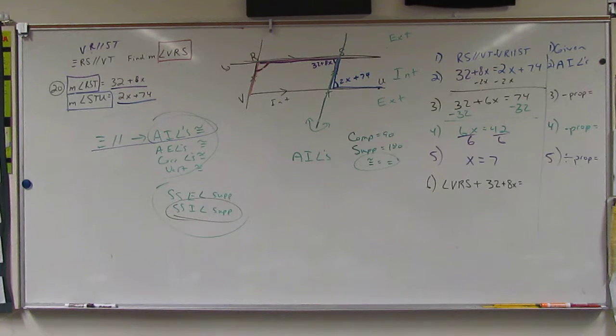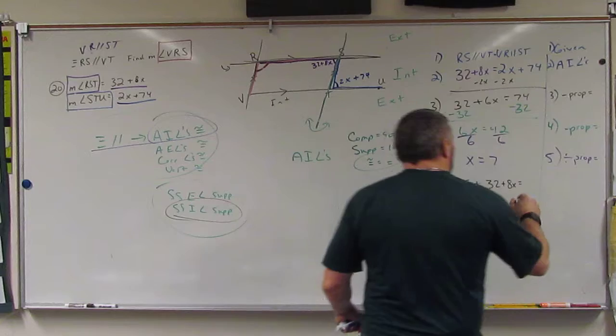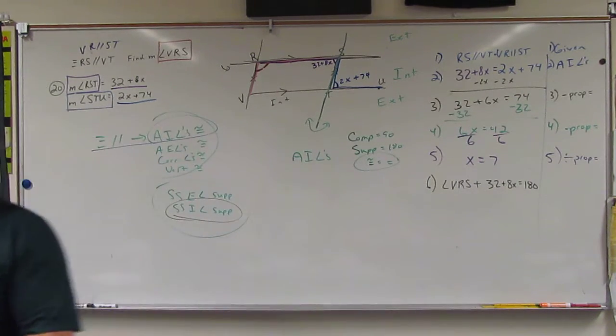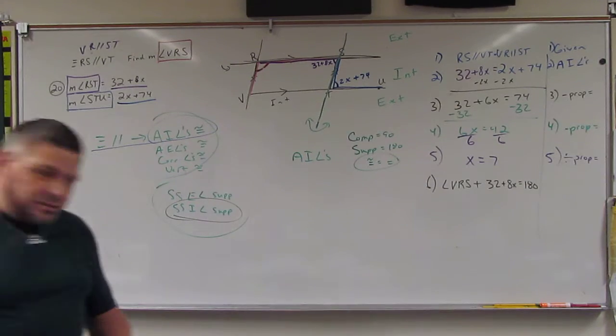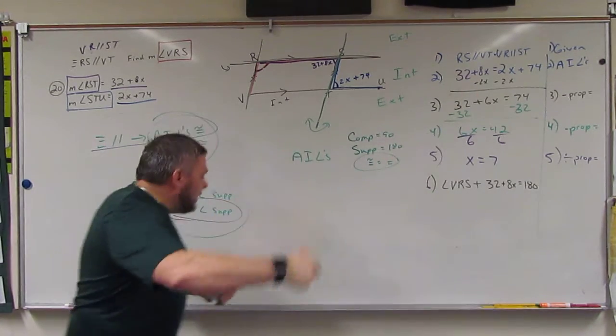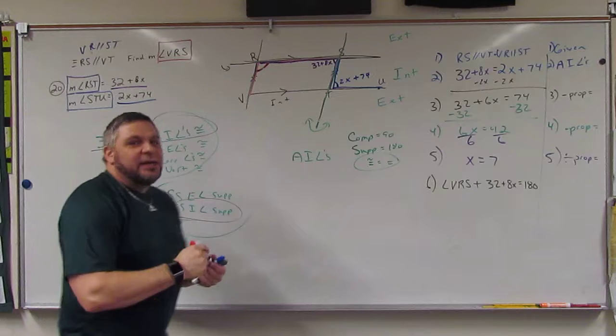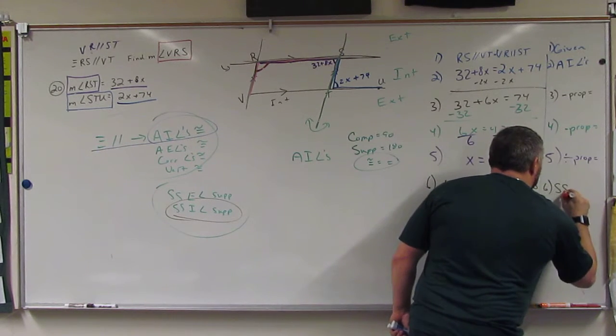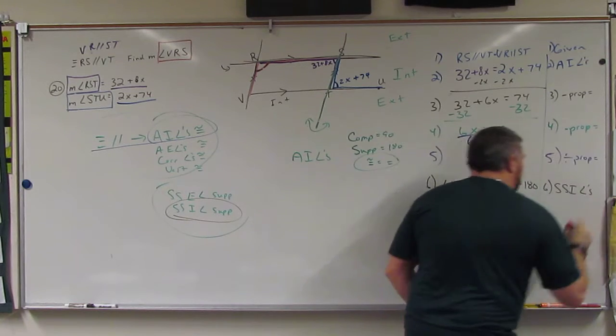What's it equal to? 180. Yeah. Why? Why are they 180? Because they're supplementary. Why are they supplementary? Same side interior. Good. Same side interior angles.